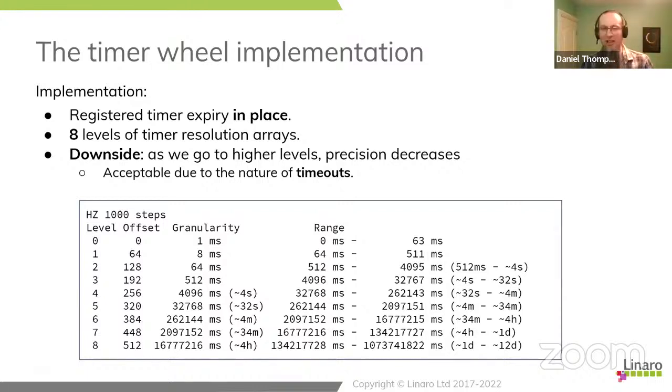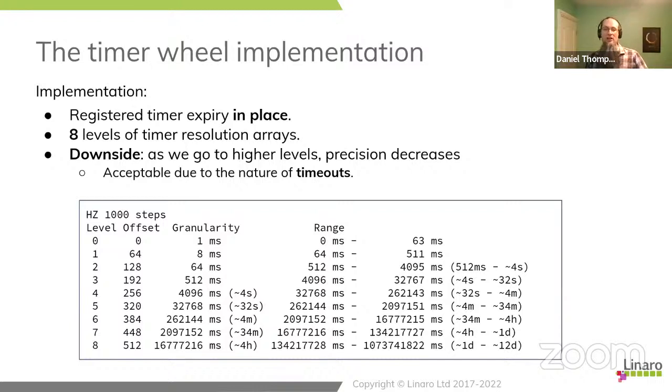The way the modern timer wheel works is as a cascading selection of timeouts which have different granularities. This is all based on the idea that precision is not that important for timeouts. Sure, if you set a timeout for 10 milliseconds and you wake up 2 seconds later, that's a bad thing.